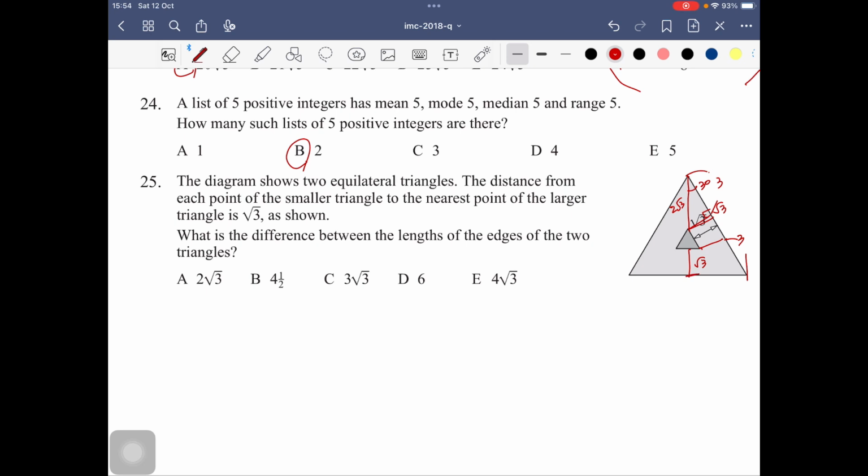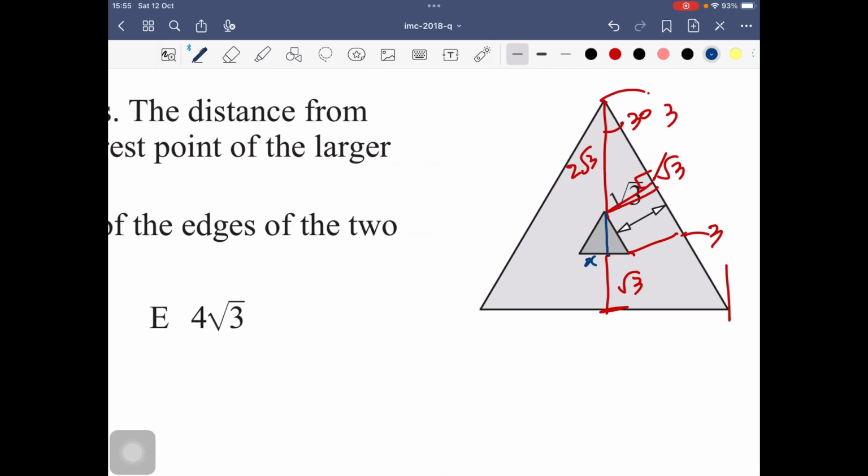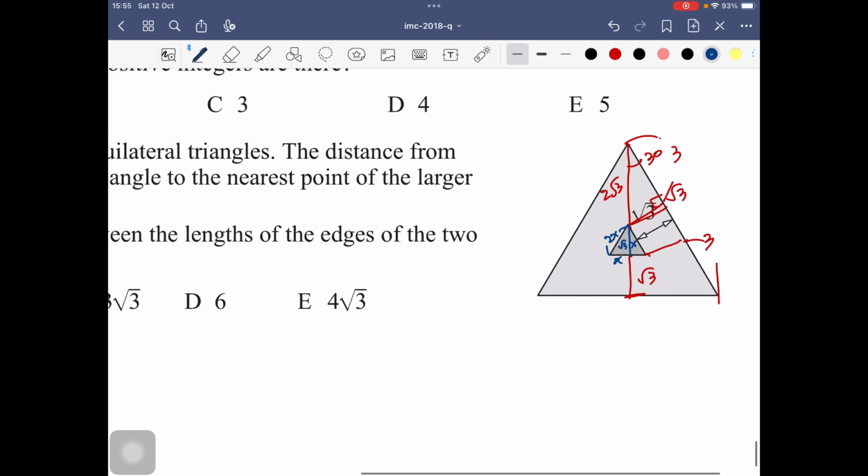So this is a square root of 3. If we consider this x, then this is square root of 3x, and this is 2x. What do we need to know? So this is 2x.